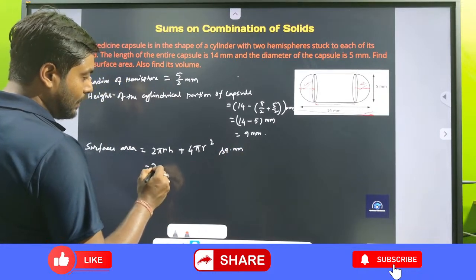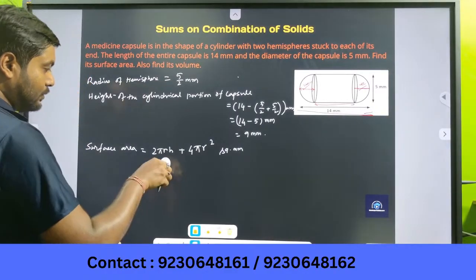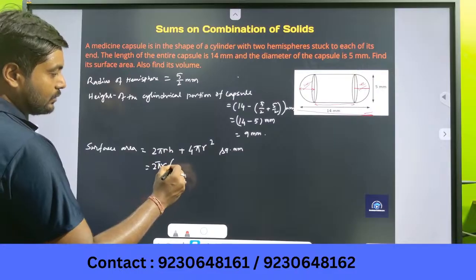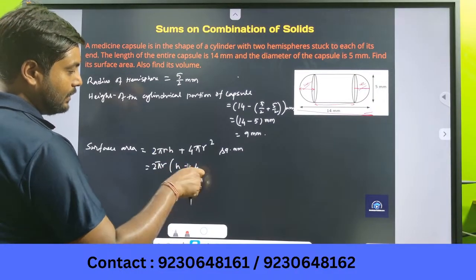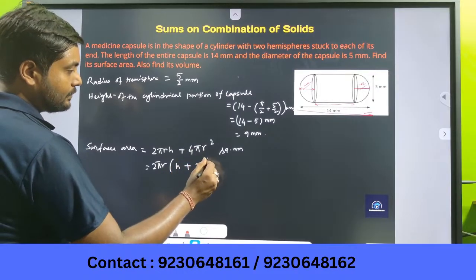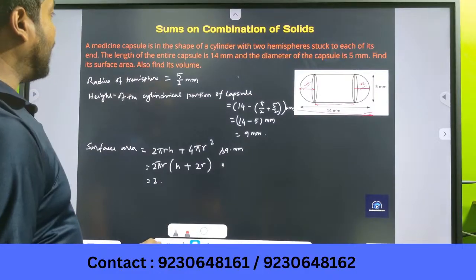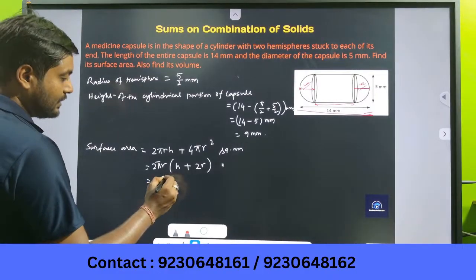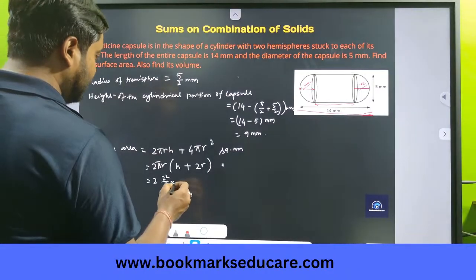So we will take 2 pi r as common. From the first part it will be h, and for the second part it will be 2r square millimeter. So 2 pi, we take pi as 22 by 7, and r is 5 by 2.